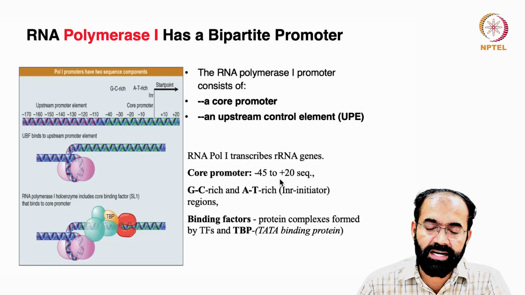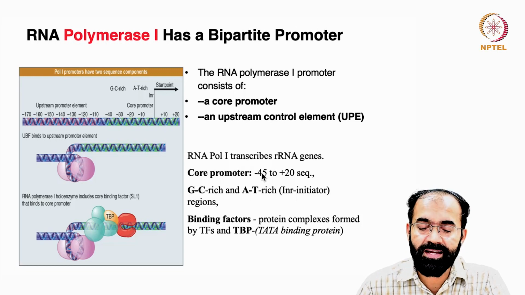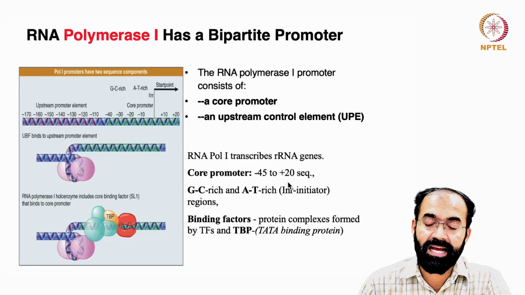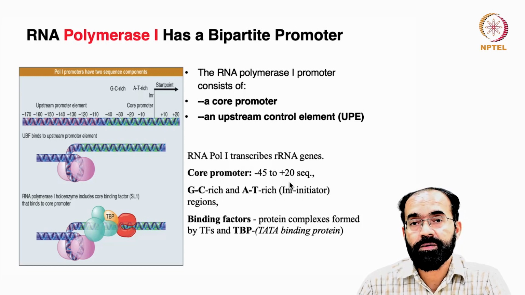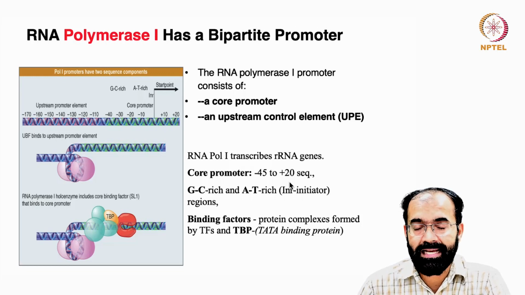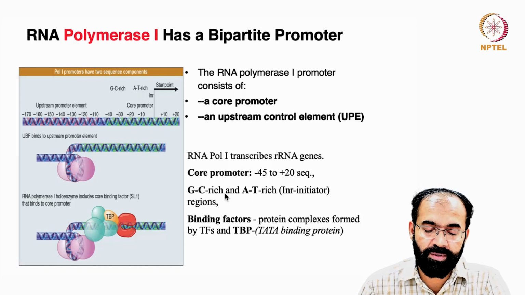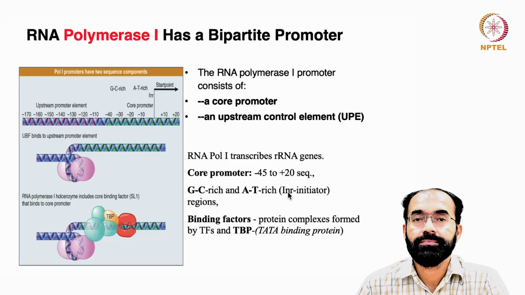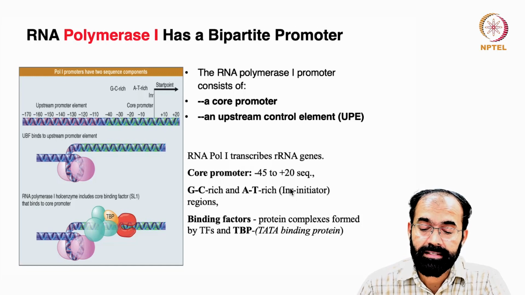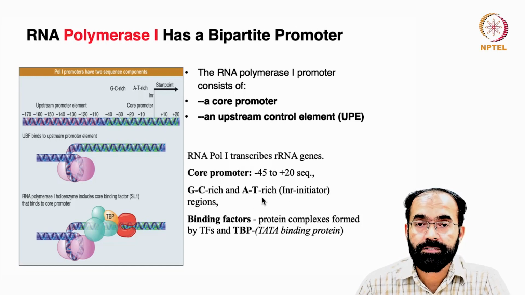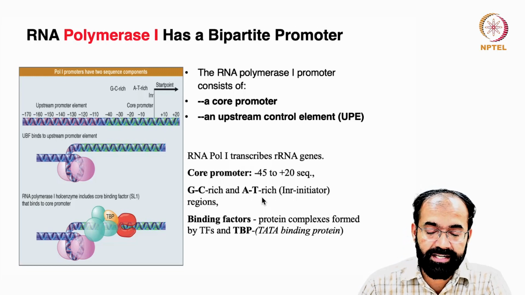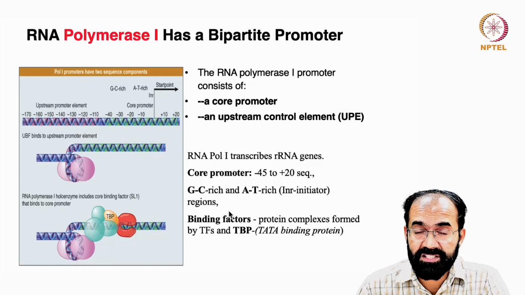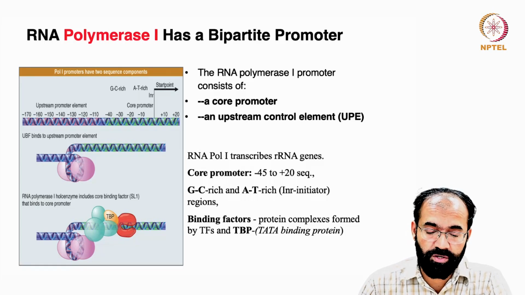And this core promoter spans -45 to +20. It is interesting to note that even after +1, the promoter region is expanding in the case of polymerase I. It has GC rich and AT rich regions, and specific initiator regions that give specificity to these promoters.